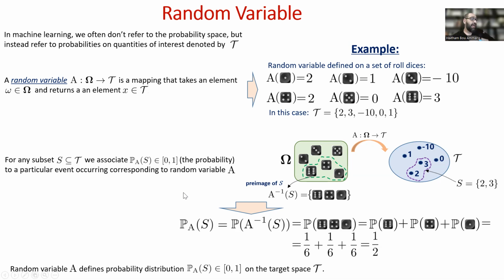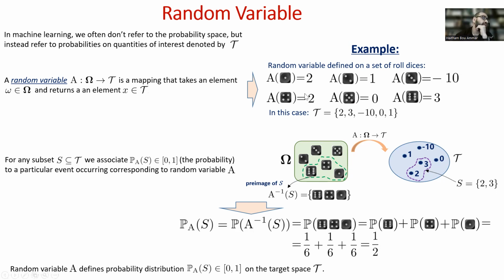Okay. And now notice that the random variable A defines a probability distribution on that target space. So to recap what we've done so far: we defined the probability space as the space omega, all the possible outcomes, the event space A, and then we said there's a probability associated with every event A. But then we said that we're really interested in more than just the whole probability space, but quantities of interest for us.